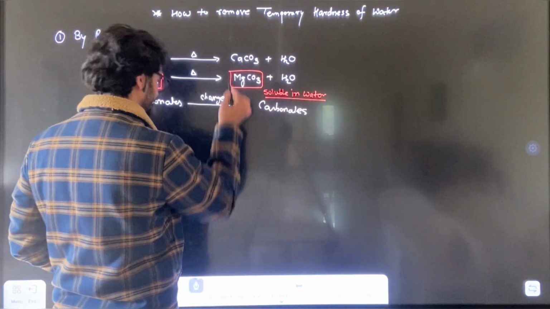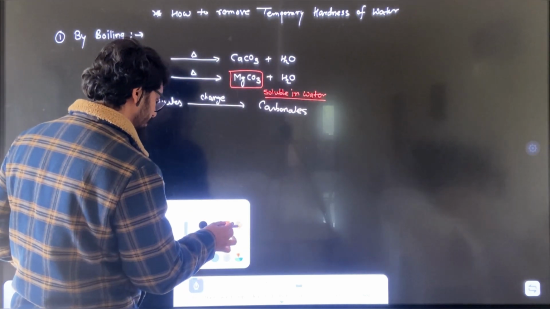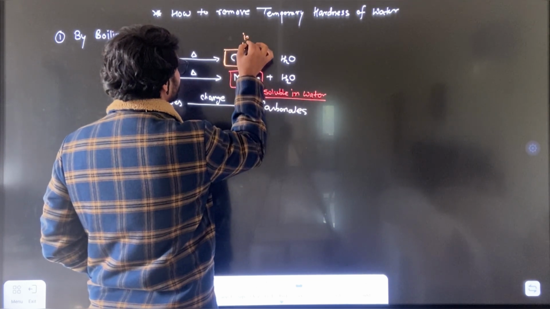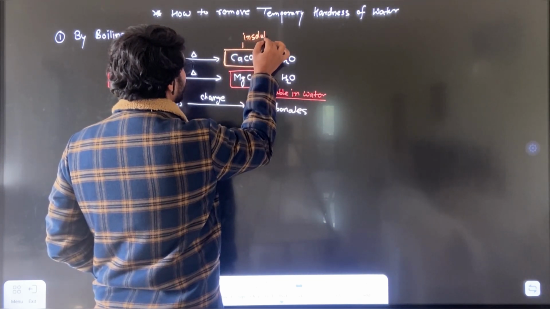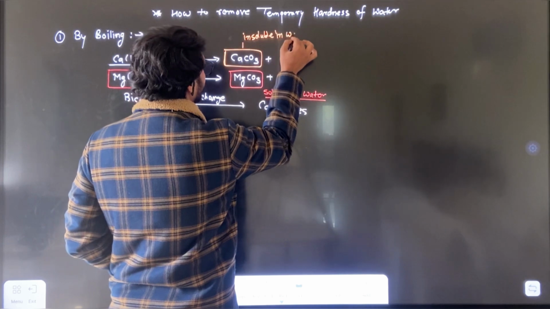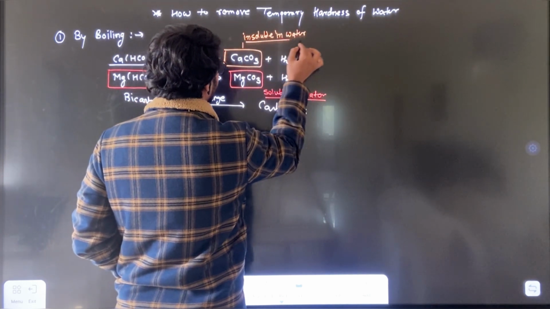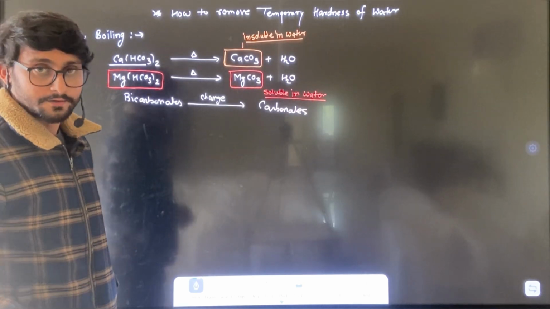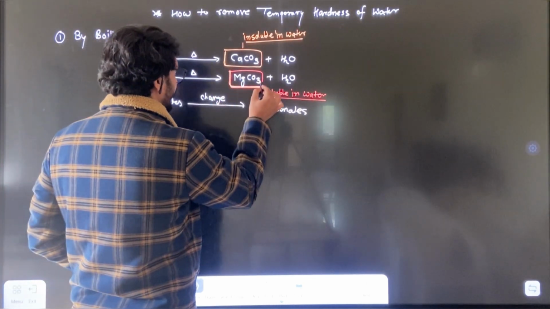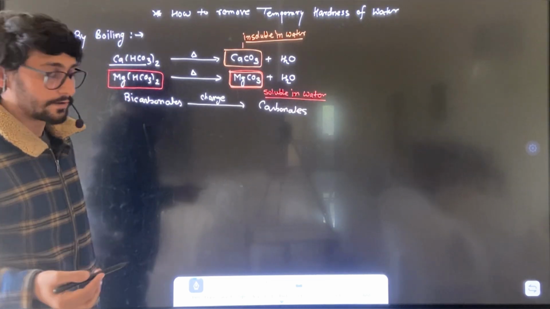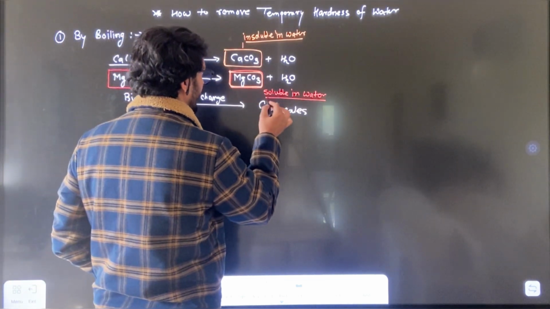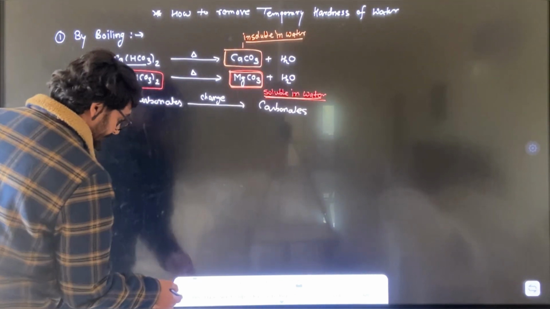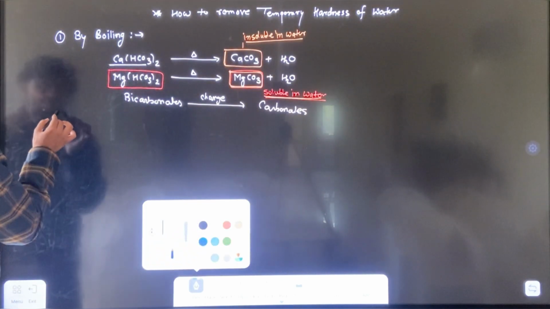But calcium carbonate is insoluble in water, so it doesn't cause further hardness. Magnesium carbonate further causes hardness just because it is soluble in water. All right, so our next method is the soda method.